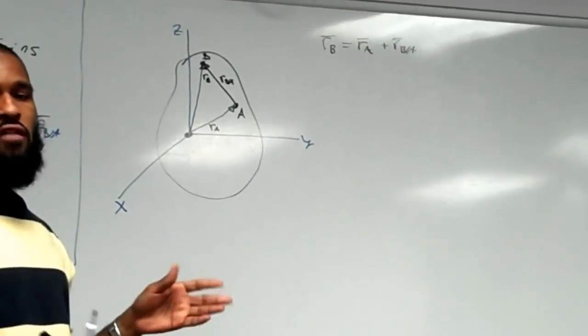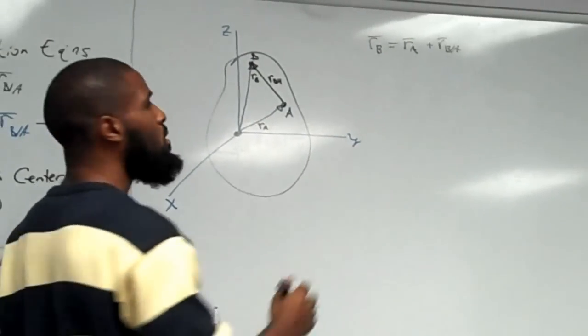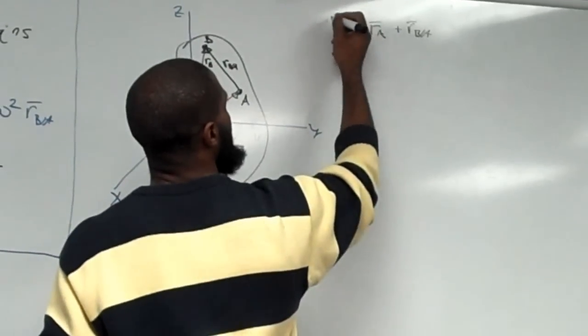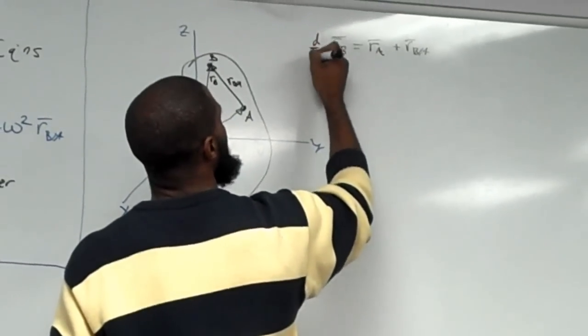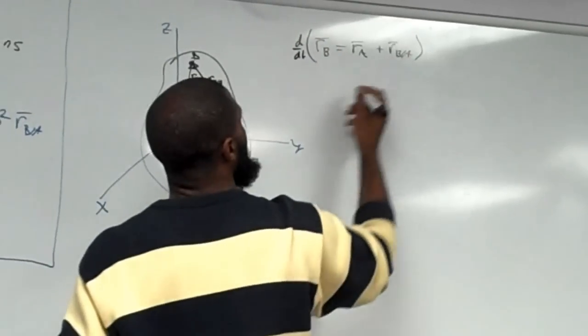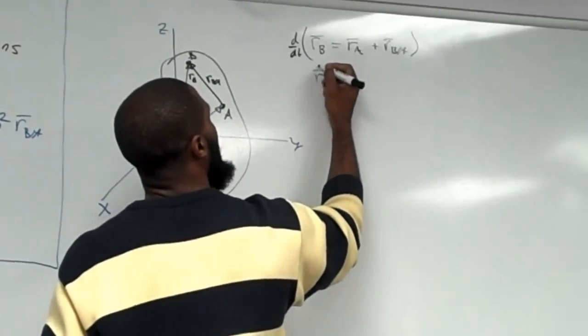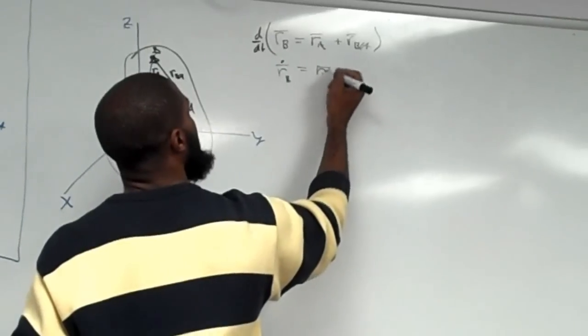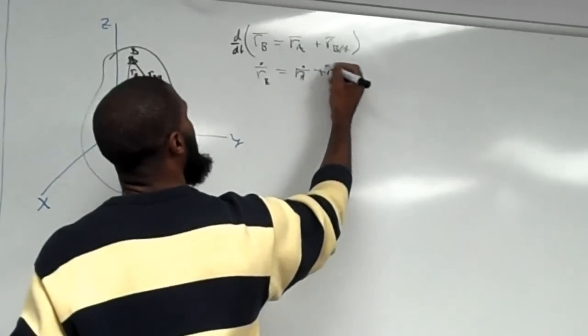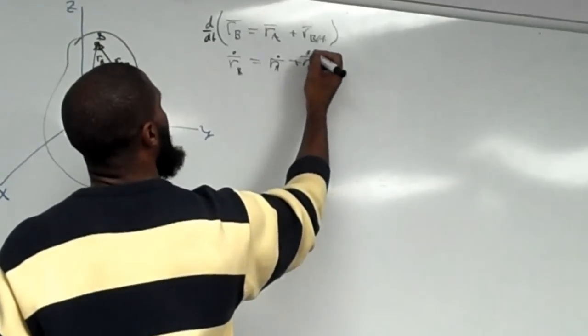If I take the time derivative of this whole expression, d by dt, I get that r sub B dot equals r sub A dot plus r sub B to A dot.